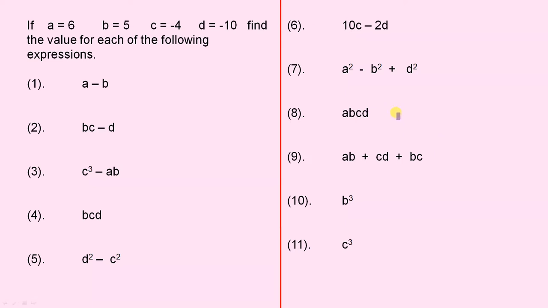Now the very important thing to remember is when you've got signs next to each other, for example, if you've got those two signs next to each other, that gives you a plus. That's really important. If you've got those two signs next to each other and there's no number in between them, that gives you a minus.